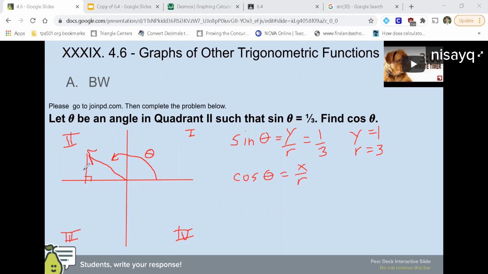So if you label this using our values, y is 1 and r is 3, we can find the x value with the Pythagorean theorem. A squared plus b squared equals c squared. Or 1 squared plus x squared is 3 squared.